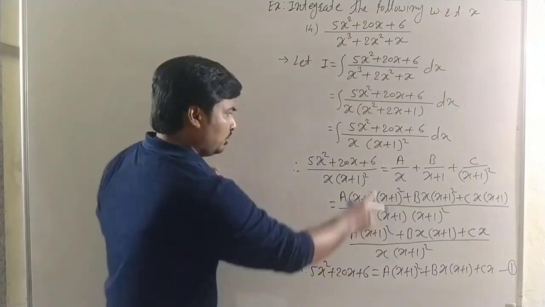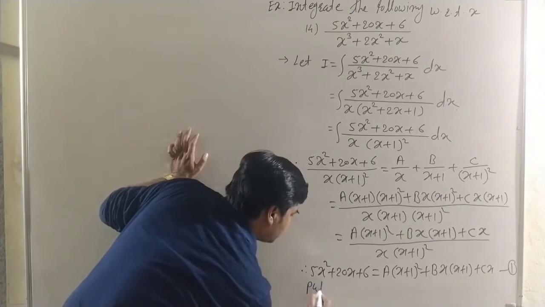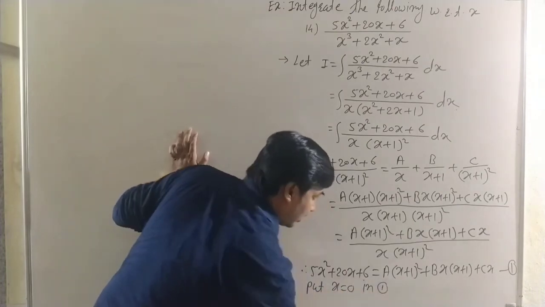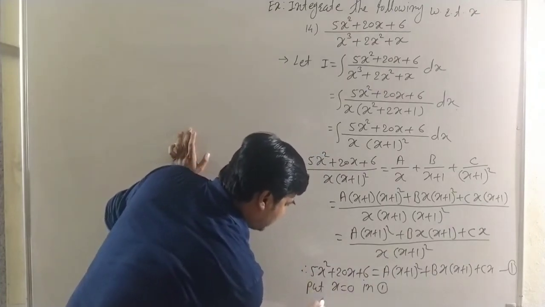Okay, now first we put x equal to 0 in equation number 1. Therefore 5 into x², it is 0.